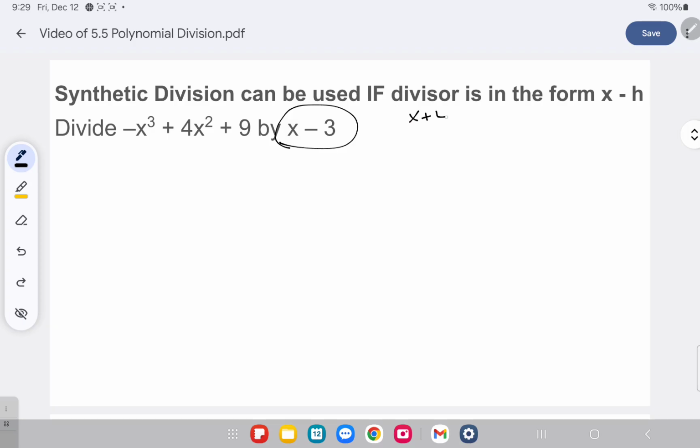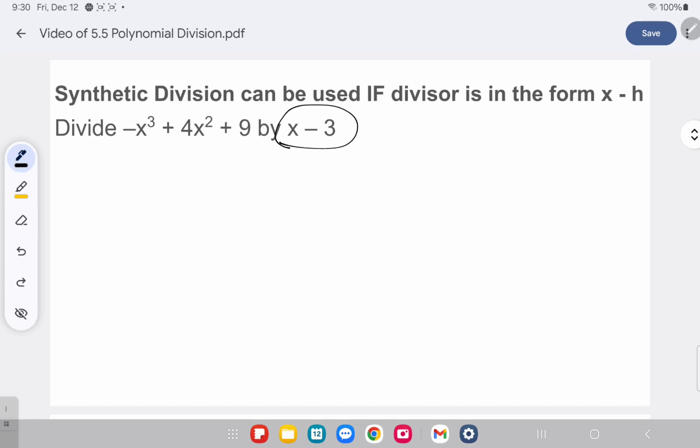So x plus 4 would work, x minus 7, x plus 11, x minus 21. All of those would work. Things that wouldn't work is if there's a leading coefficient in front, like a 2x plus 7, or if there's an x squared or an x cubed or an x to the 4th, it has to be linear. That's when you can use synthetic division.